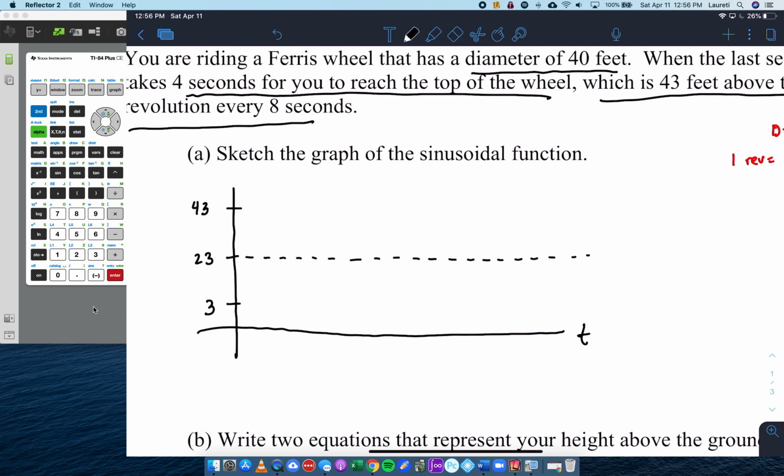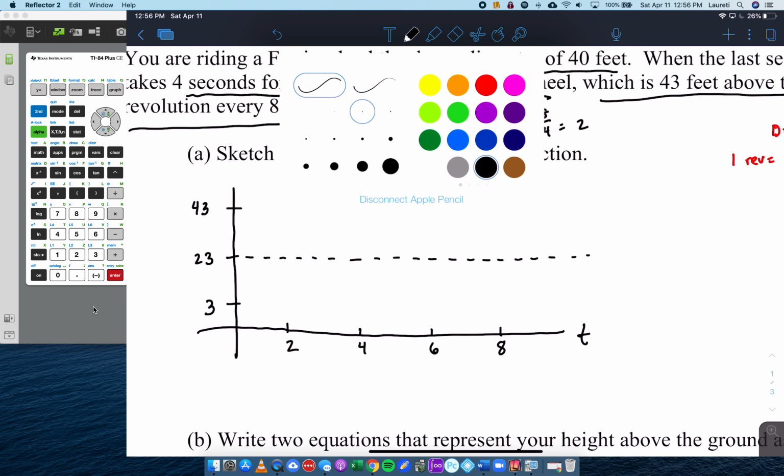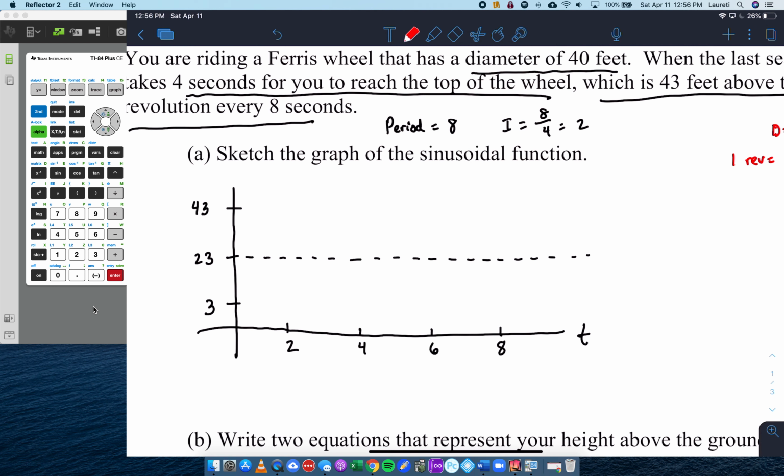Now it also says that it takes 8 seconds for you to go around one whole time. So if my period is 8 seconds, that means my interval should be 2 seconds. I'm going to go just an interval of 2, 4, 6, 8. So imagine you're getting on the ride.